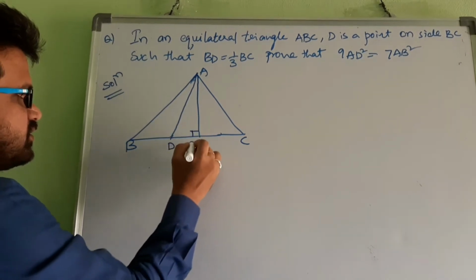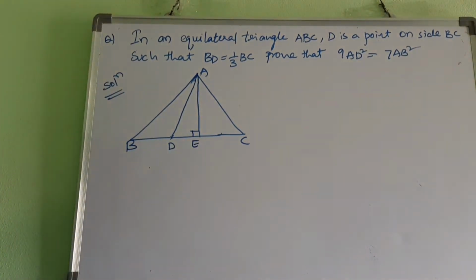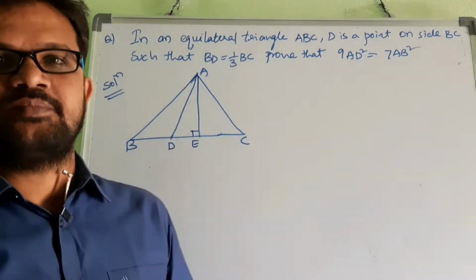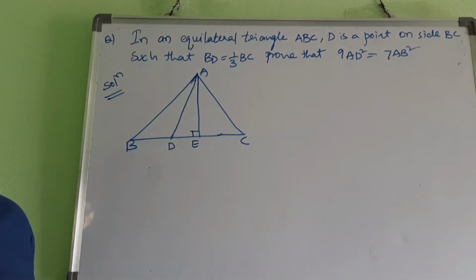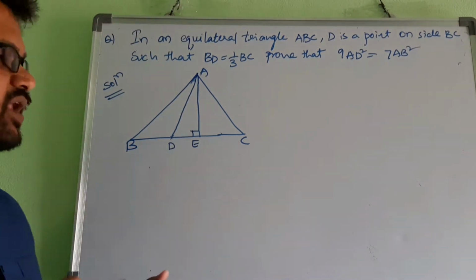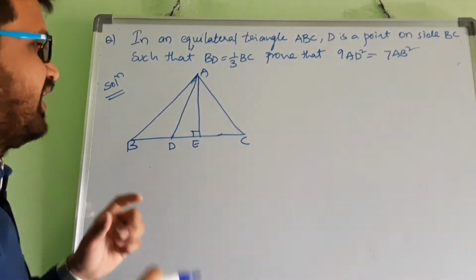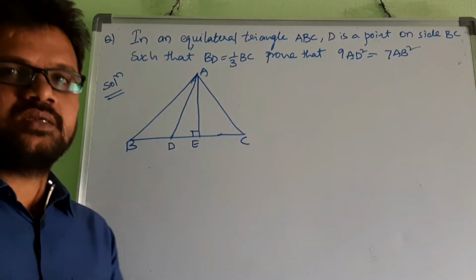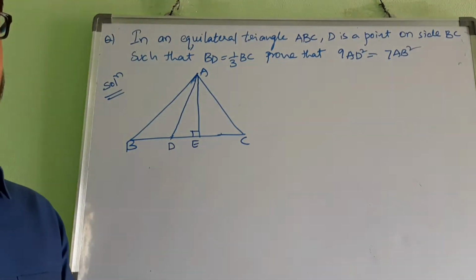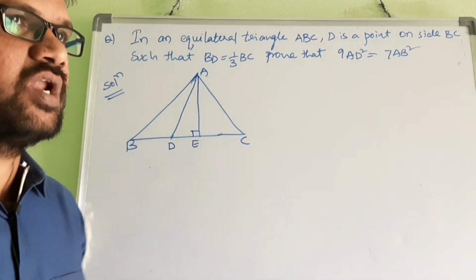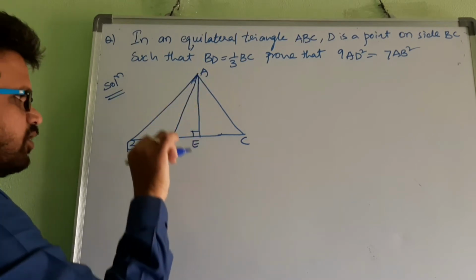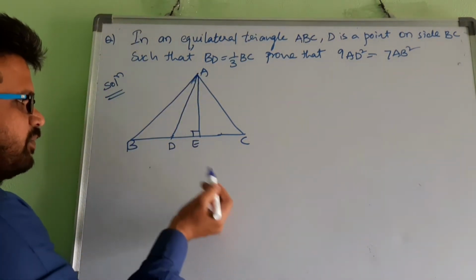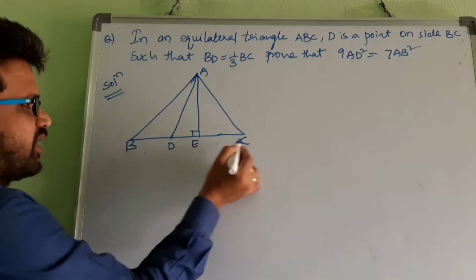This is E. We know that in an equilateral triangle, the median, altitude, angular bisector, and perpendicular bisector are all the same. Here AE is the median and also the altitude, meaning perpendicular. So E is the midpoint of BC.